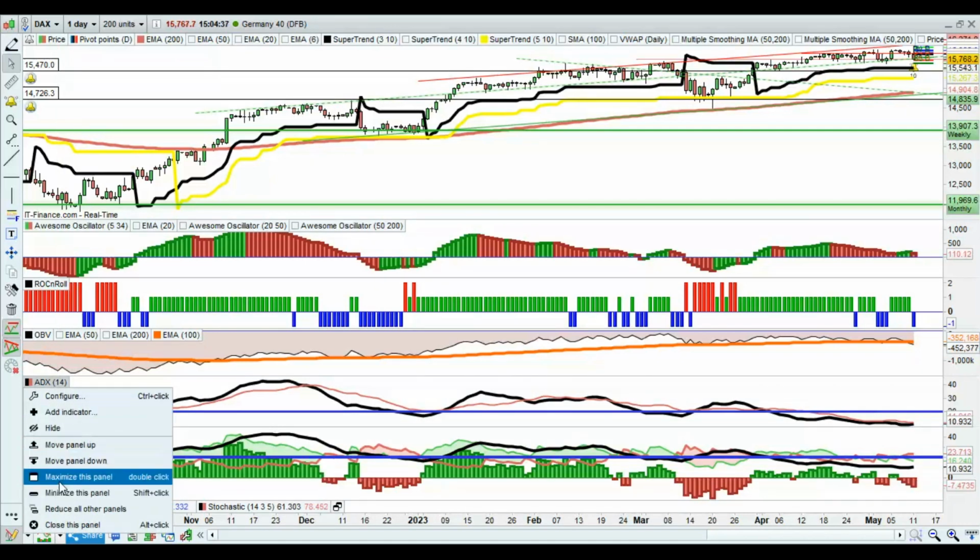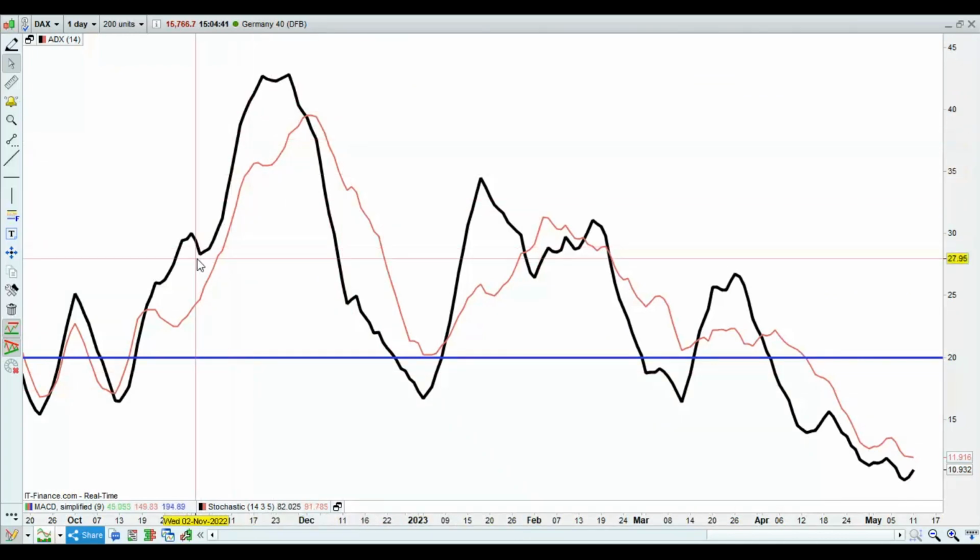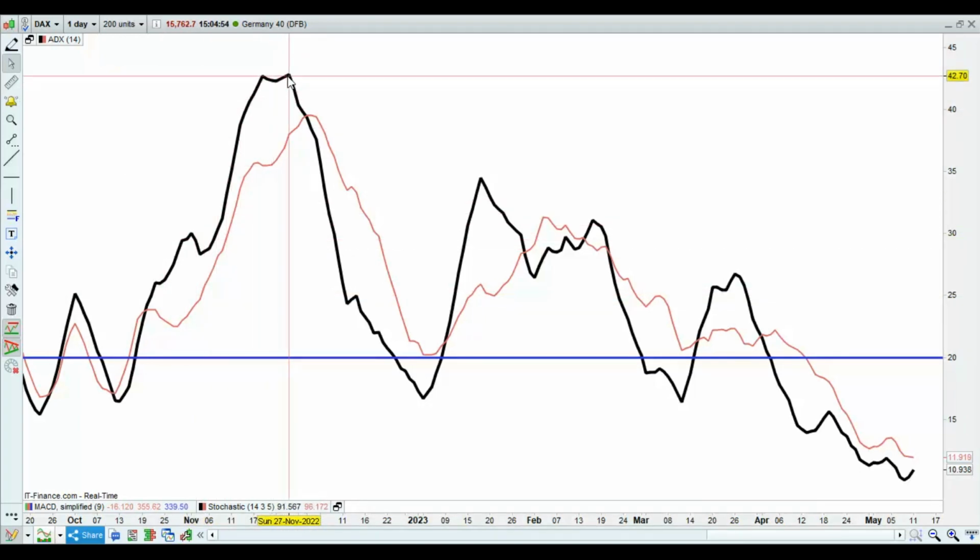If we maximize this, so this is the ADX where back in October we saw this rise from 20 all the way to 42, and we'll have a look at the price action in a bit.